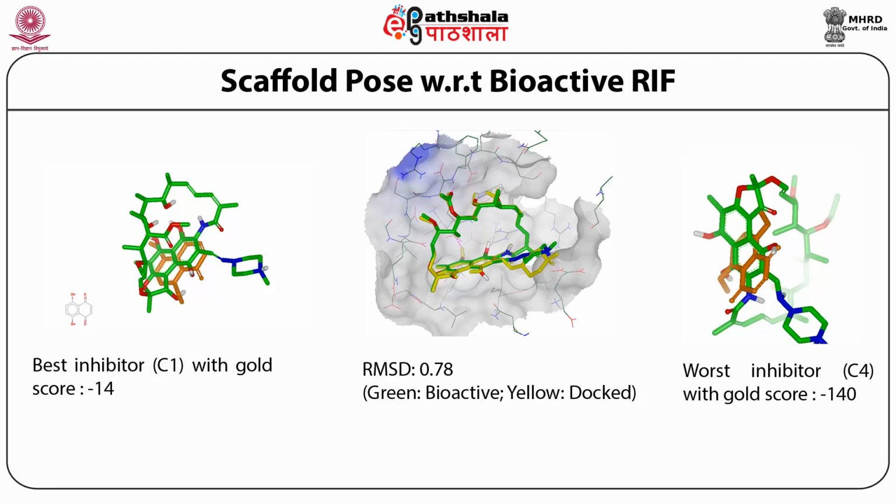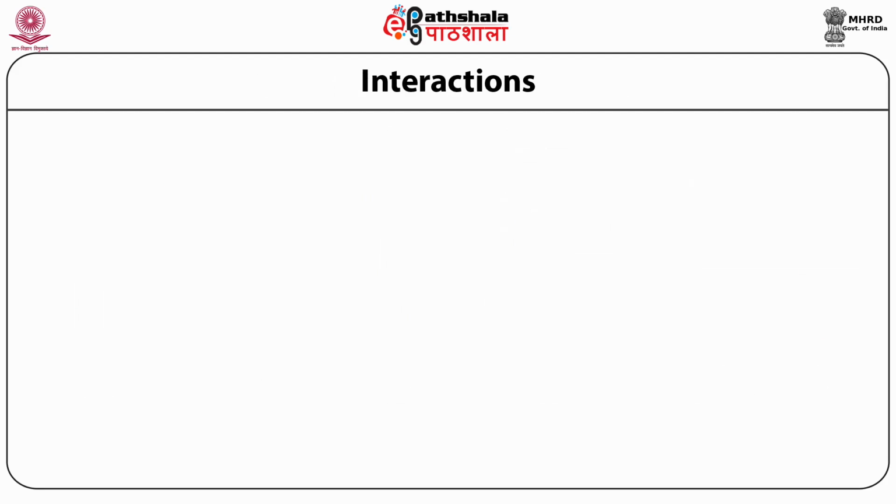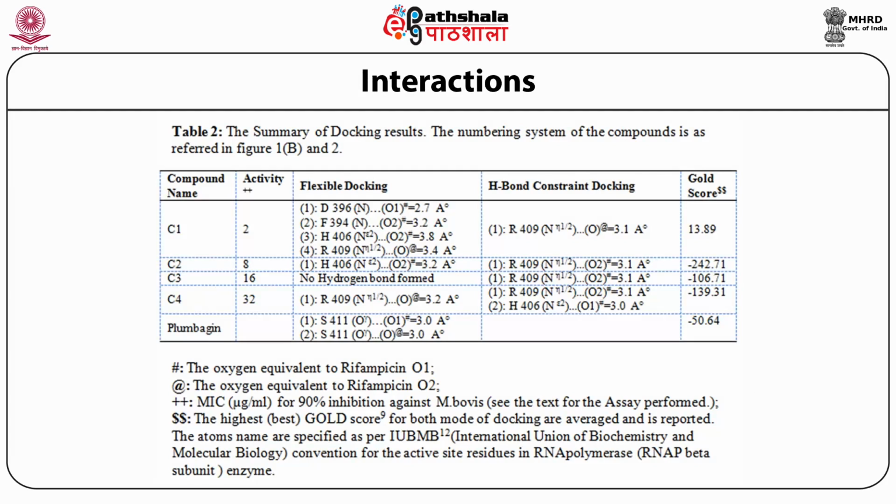So we have calculated these 2 scores and found out which will be the most effective. It shows actual interaction of each one of them. Now, as you see on the gold score, the compound C1, which has the best activity as we have shown earlier, has -1389, that is the lowest minus or highest minus gold score.